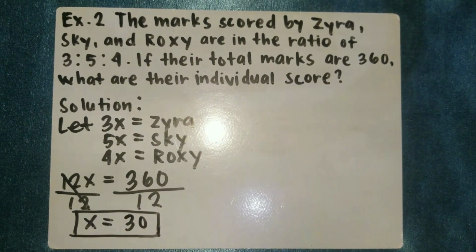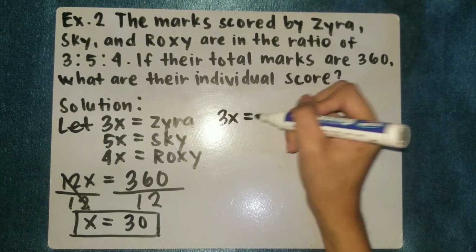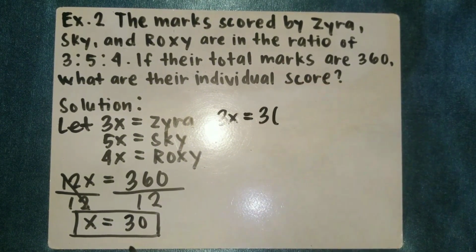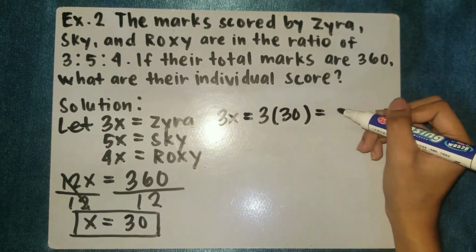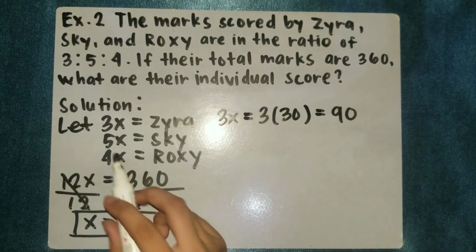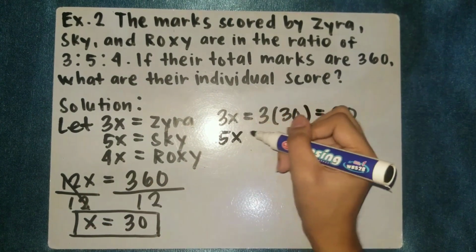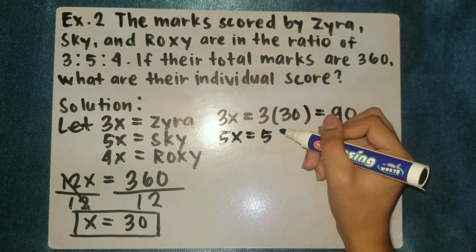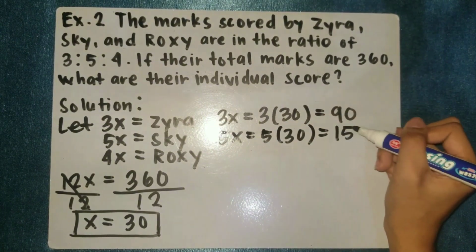Let's go in substituting. So, 3x equal 3 times 30. Ito yung value ng ating x. Equal 90. The next naman is itong 5x. 5x equal 5 times 30 equal 150.